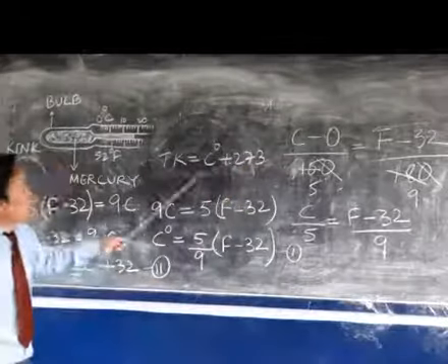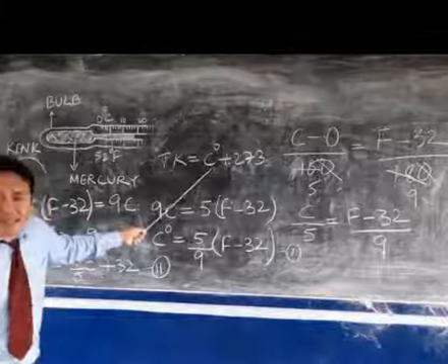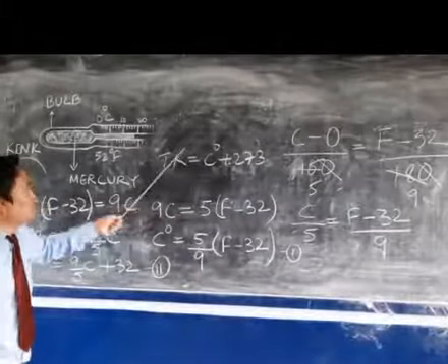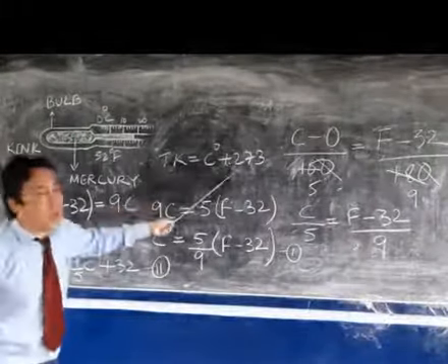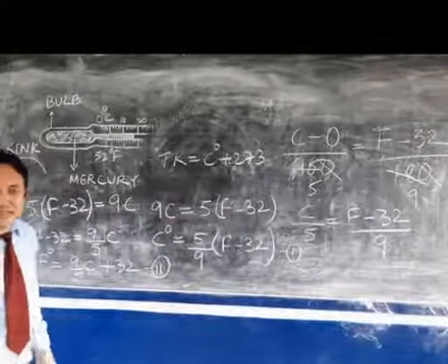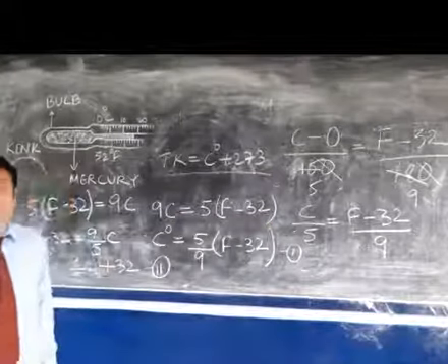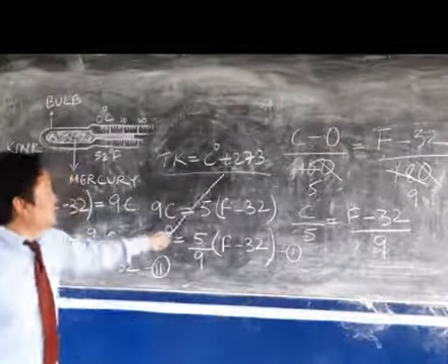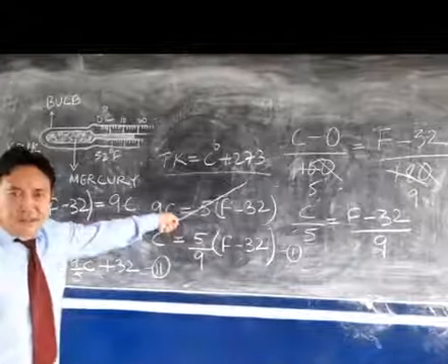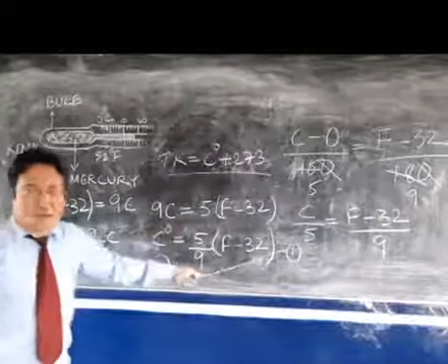So if you are required to convert the temperature in Celsius scale into Kelvin scale, simply you add 273. So this is the formula: TK, that is temperature in Kelvin, equals to degree Celsius plus 273. So these three formulas you will learn and follow.